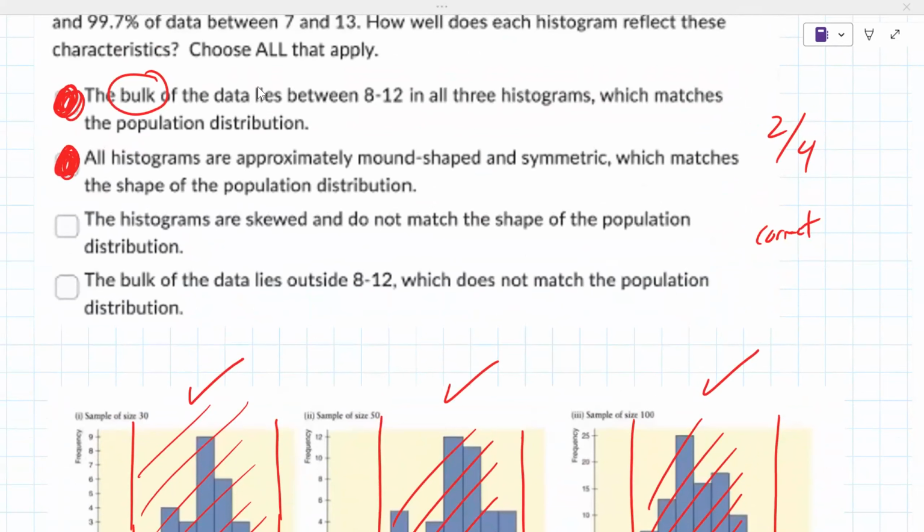So I would say probably not this one. This last one, the bulk of the data lies outside 8 to 12, which does not match the population. That's basically the opposite of the first one. So if the first one is right, then the fourth one can't be right. That's why I'm going with these first two, more a process of elimination than a stats answer.